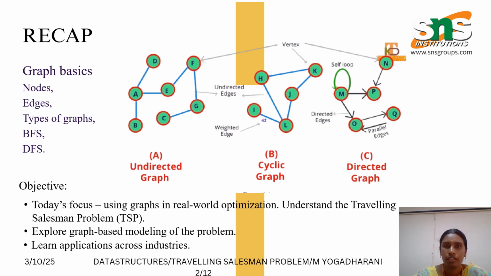DFS stands for depth first search. In the search, the working principle is with the help of a stack, and the advantage of DFS is the backtracking method. The objective of today's session is that I'm going to tell you in detail about the traveling salesman problem.